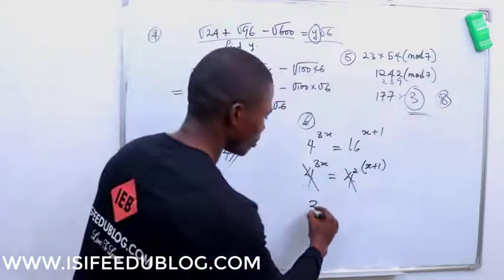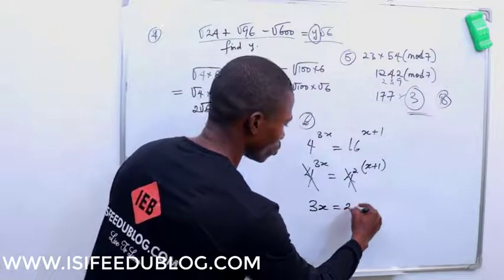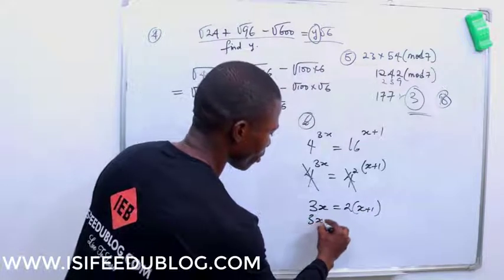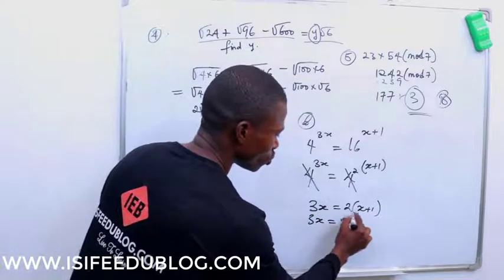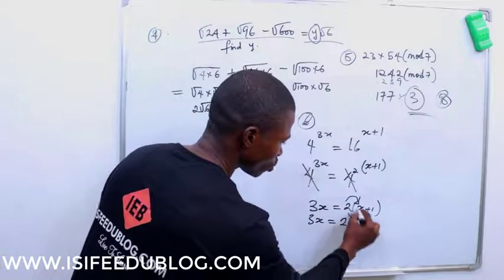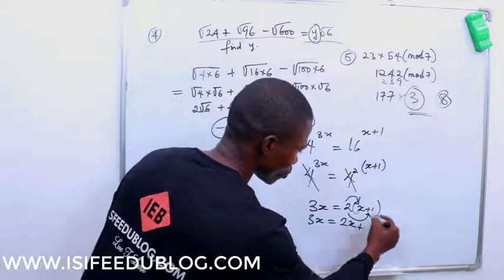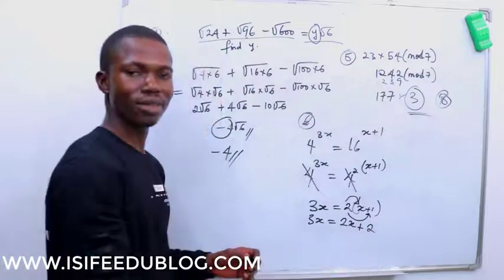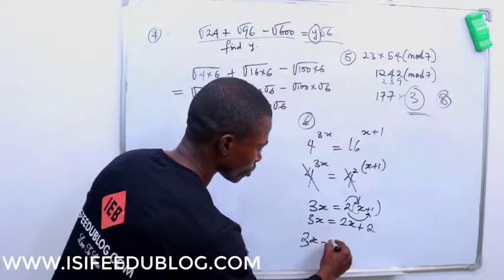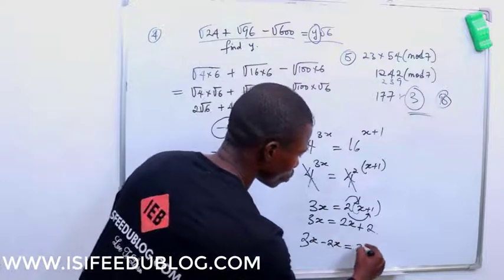Here, 3x is now equal to 2 into bracket x plus 1. So you open up your bracket: 2 times x is 2x, plus 2 times 1 is 2. We collect like terms, these two will come over, making this 3x minus 2x is equal to 2.